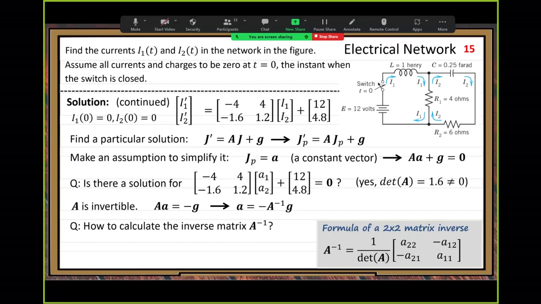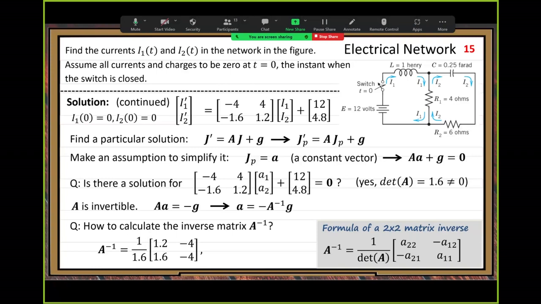Now let's apply this formula to calculate our current 2 by 2 A matrix. The determinant is 1.6. So 1 over 1.6. Then for the diagonal entries, we swap the 2 entries along the diagonal, 1.2 and negative 2.